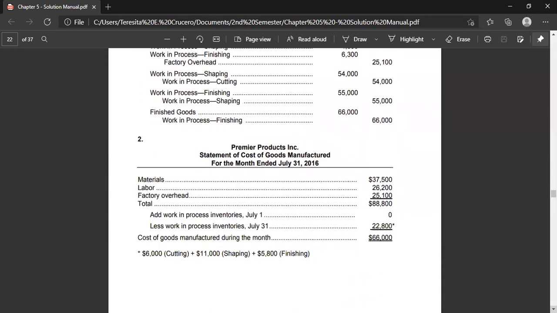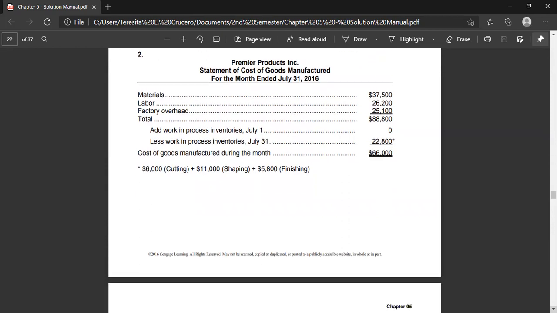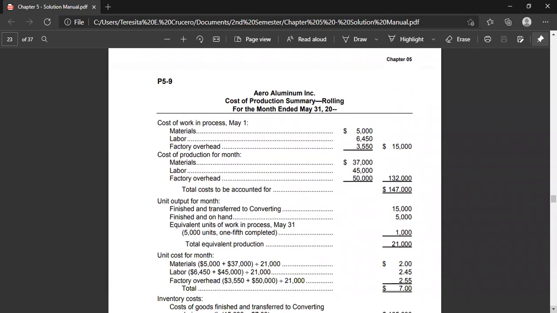5-9. What are the requirements of 5-9? Prepare cost production summary. When preparing the converting production summary, refer to the rolling production summary for the cost transferred in during the month. So in 5-9, we have now the rolling department, the cost of the work in process on May 1 with the given cost here for 5,000.